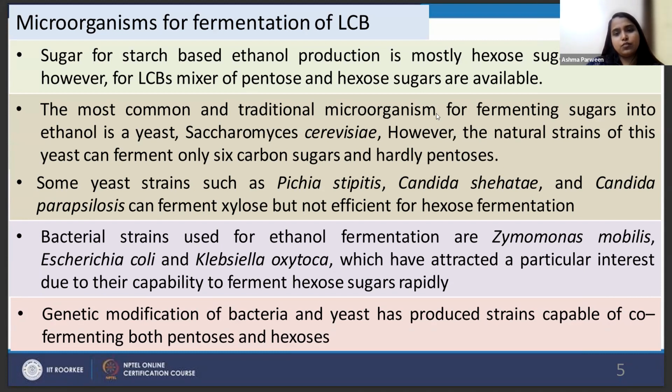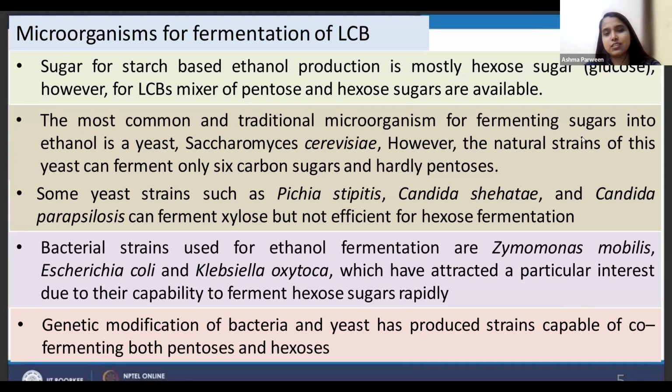But one limitation is that the natural strain of this yeast can ferment only 6 carbon sugars, and it can hardly ferment pentose. Some new yeast strains such as Pichia stipitis and others can ferment xylose, but they cannot ferment hexose. So these yeasts have limitations; they are suitable for a particular type of sugar.